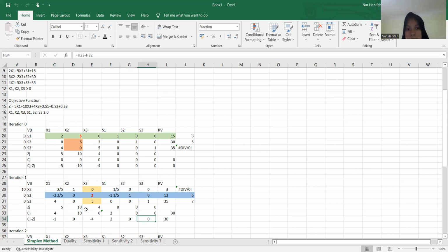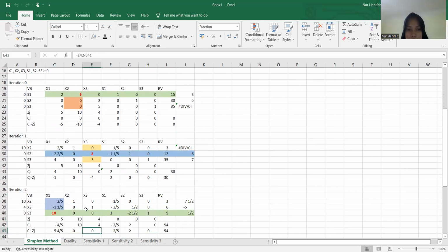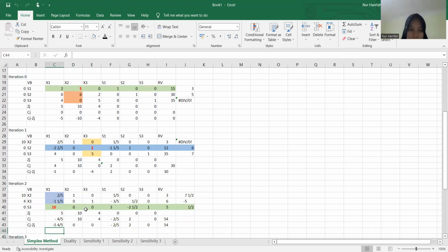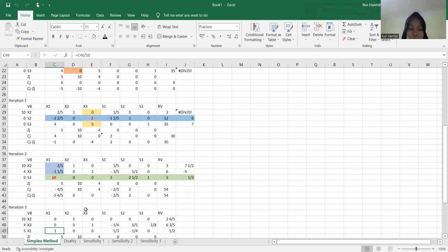And then we subtract Cj minus Zj, then we get the values. Because there is still a negative number, we continue the iteration. This is the second iteration. We do the same way. And also, we still get a negative value of Cj minus Zj. We continue to the third iteration.